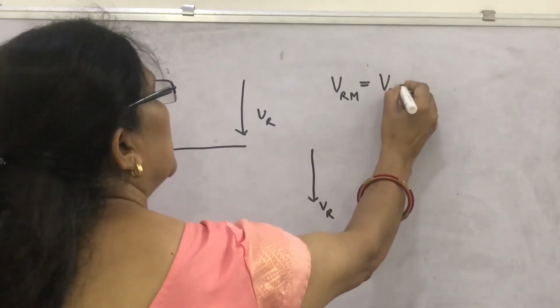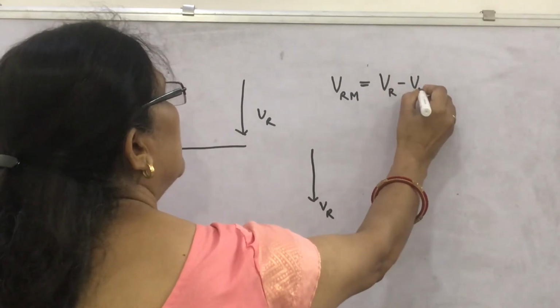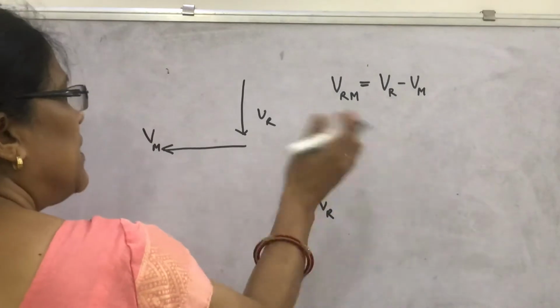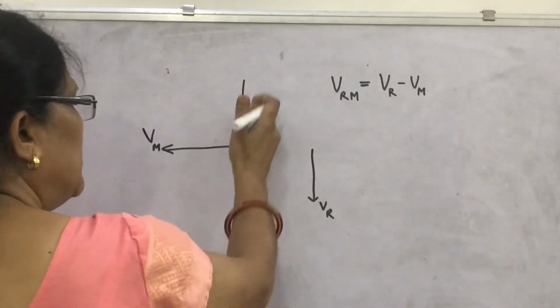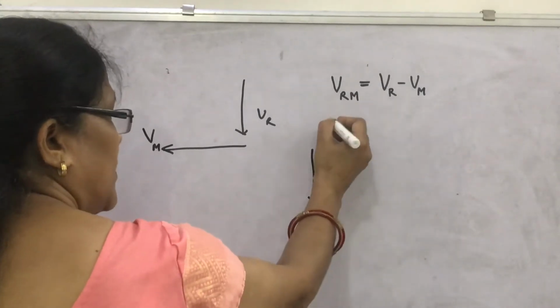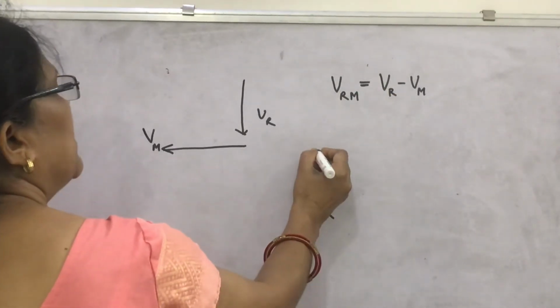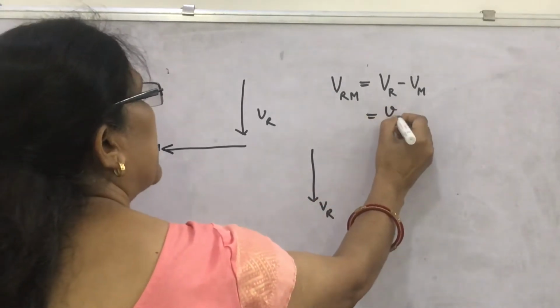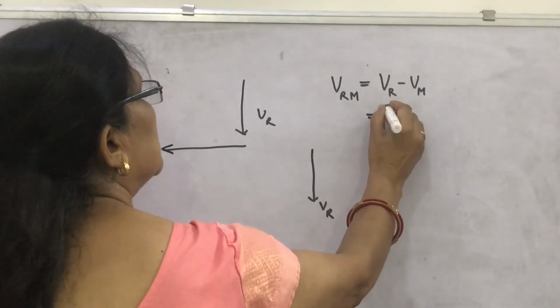This is velocity of rain minus velocity of man, and both these velocities are with respect to ground. So you have written like this, and if the velocity vectors are drawn like this, then this is VR.